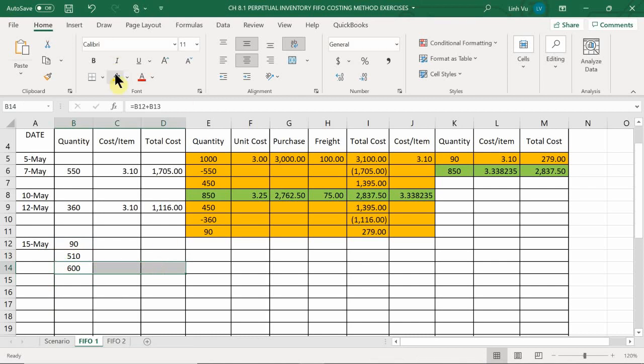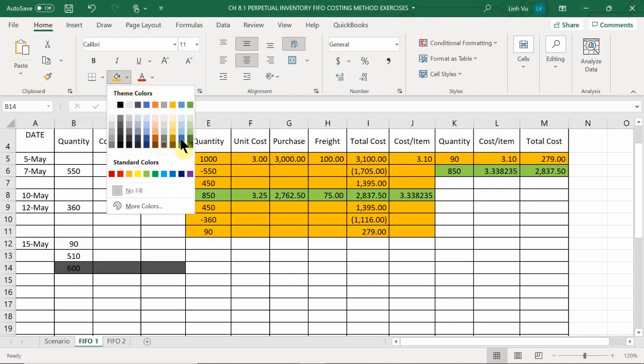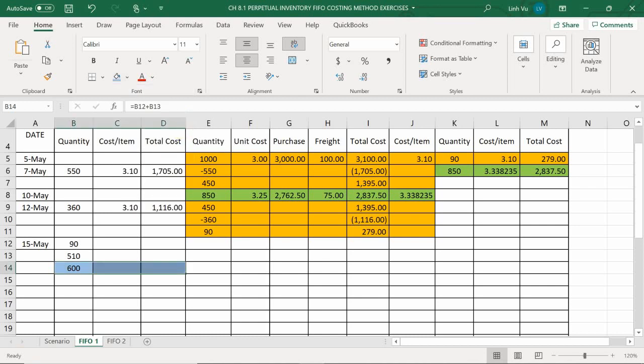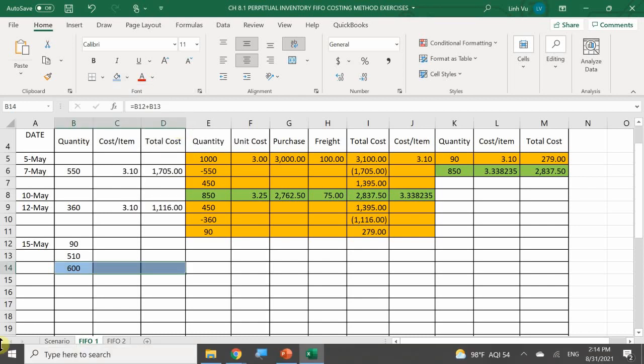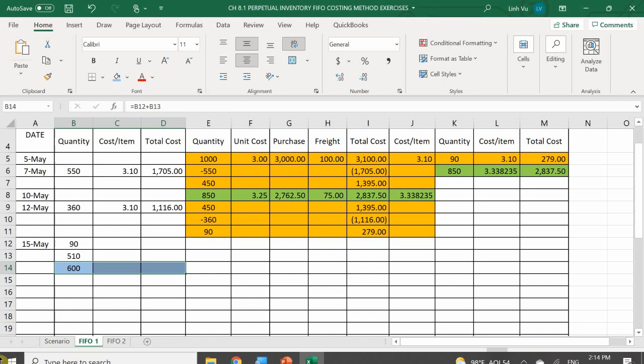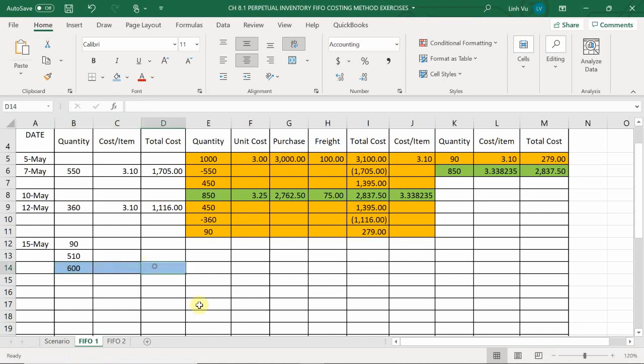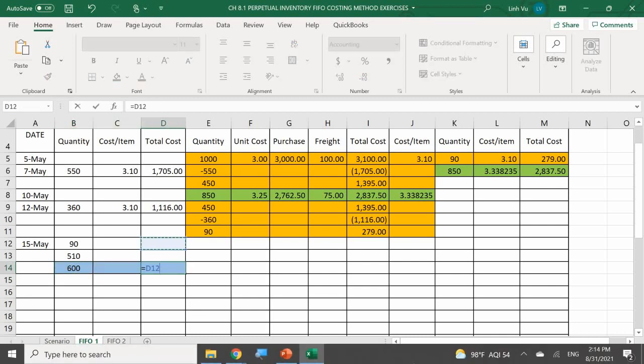So right here, this is a calculation. I'm going to make sure I keep this separate because at the end of the day, like I've mentioned before, we're going to journalize it as a whole number, not separate. We're not going to journalize the 90 first and then journalize the remaining 510.